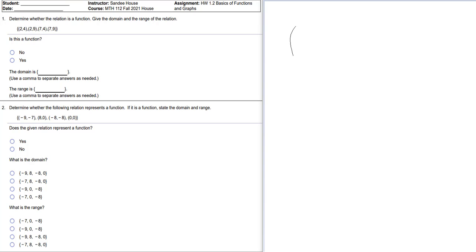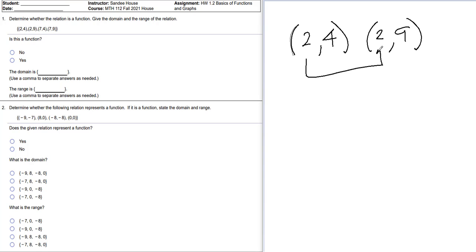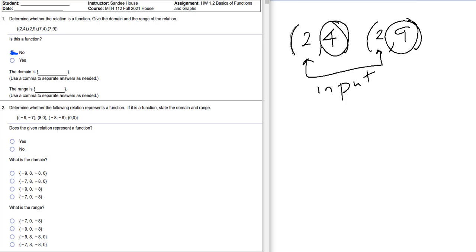So where we see that we have a 2, then a 4, and then a 2, then a 9, this can't be a function because for the input of 2, there is more than one output. So the answer to the first one is no, this is not a function.